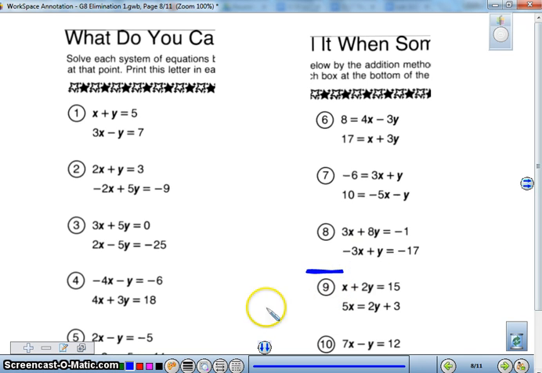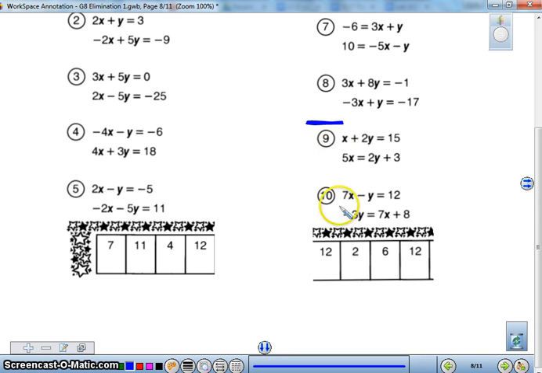Now the key thing I want you to notice about 9 and 10 is they're not written the right way. So in number 9, we want to rewrite that second equation. X plus 2y equals 15 is nice, but this one we want to put the 3 all by itself. So I'm going to give you the new equation.